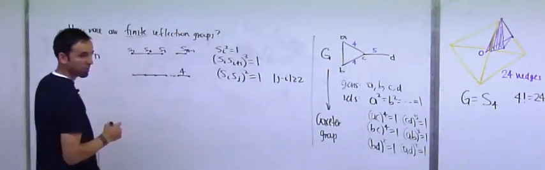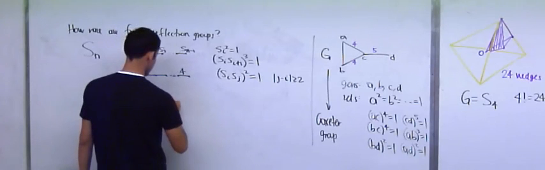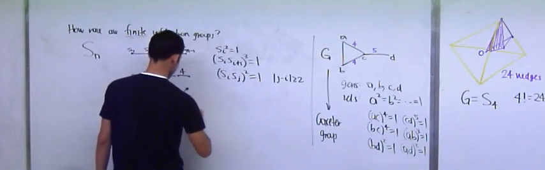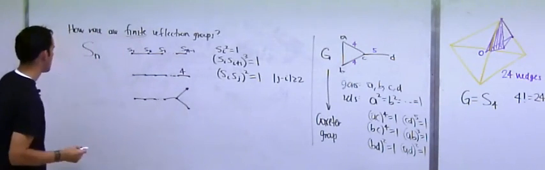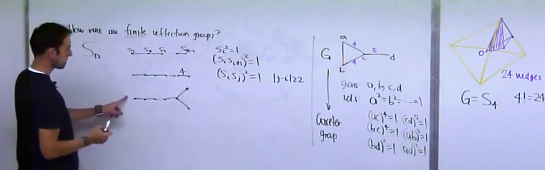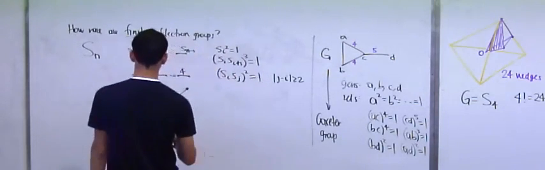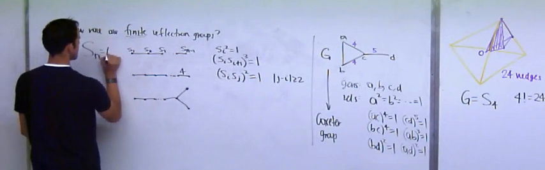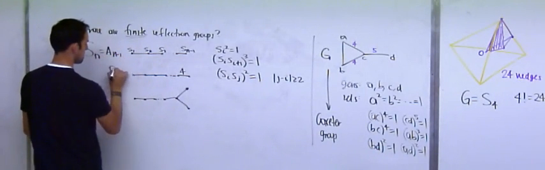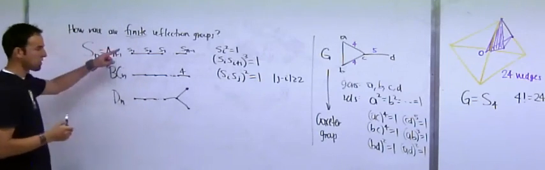So this guy is also a finite reflection group. Here's another one. This is called A_{n-1}. This is called B_n, or C_n. This is called D_n. And these are actually the only infinite families.